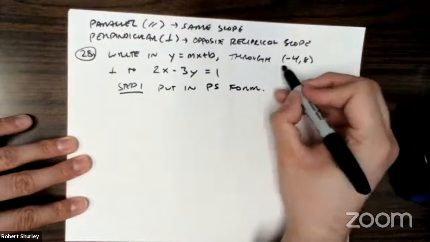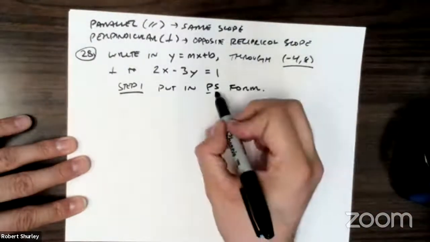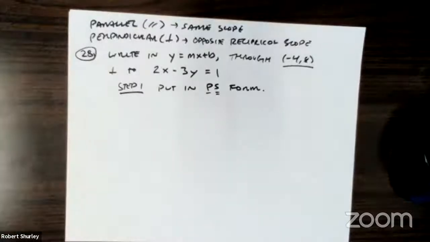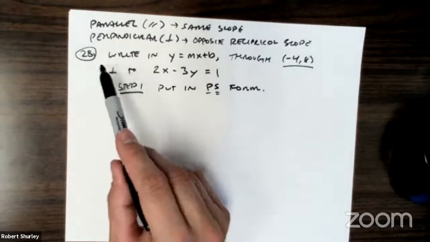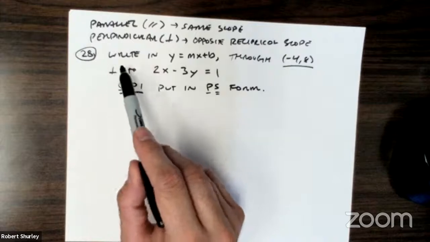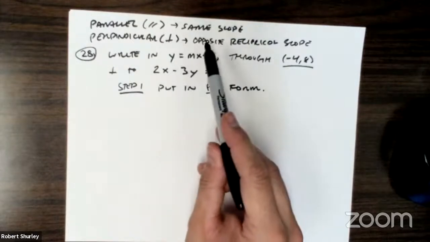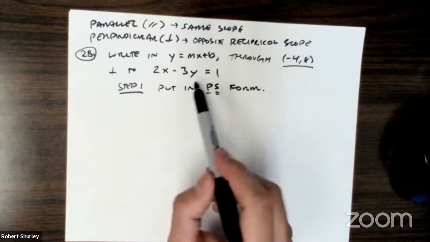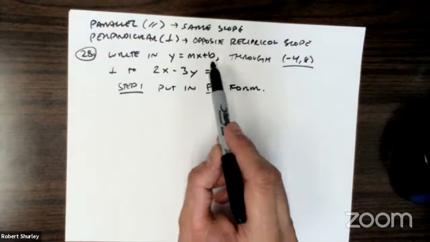Now we know the point that it goes through, -4, 8, right? But we need to find the slope. And it gives us a hint to find the slope. It says our line is perpendicular to this line. So if our line's perpendicular to this line, that means our slope is going to be the opposite reciprocal of this line's slope. So I've got to find the slope of this line.